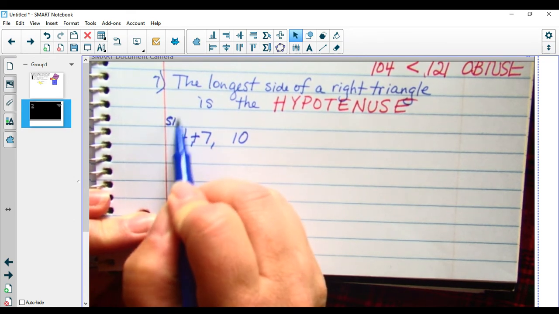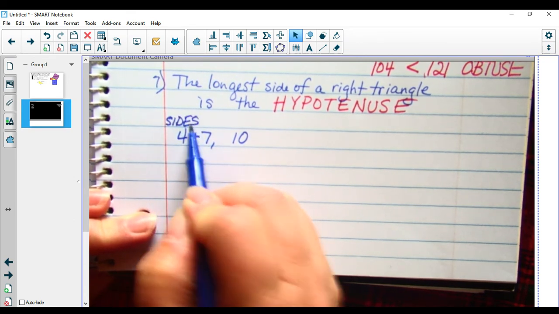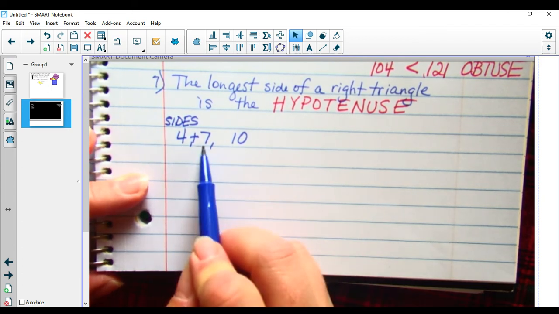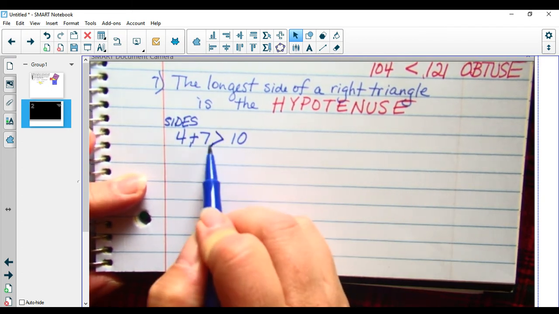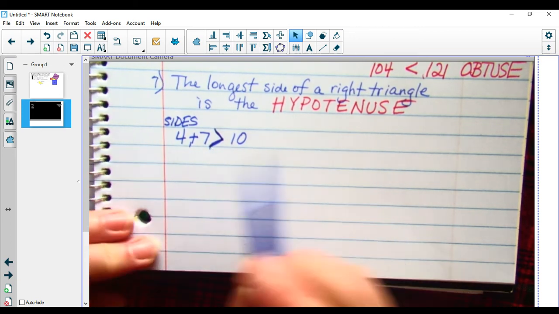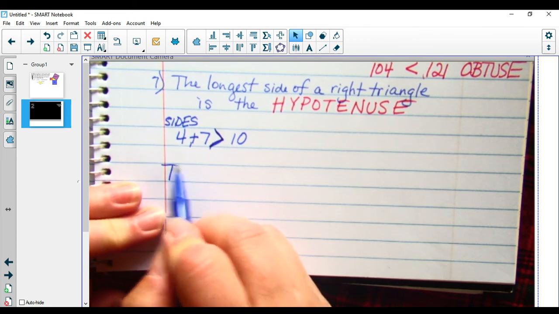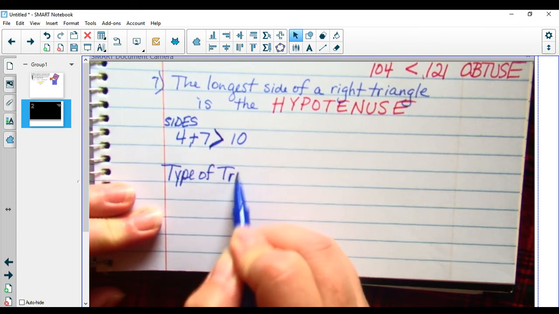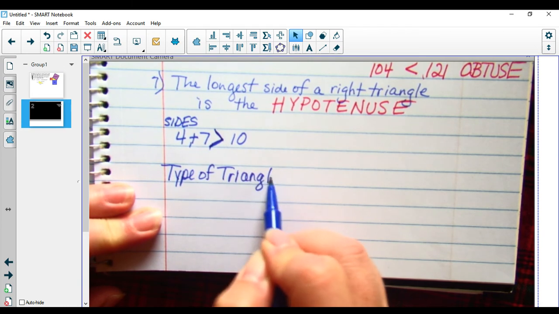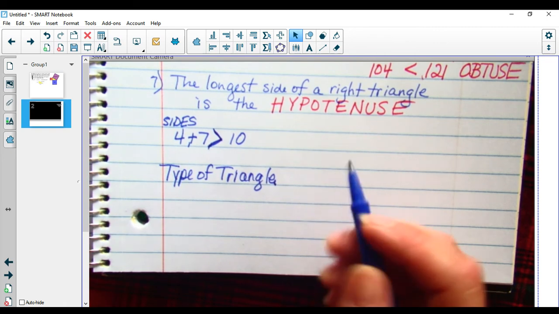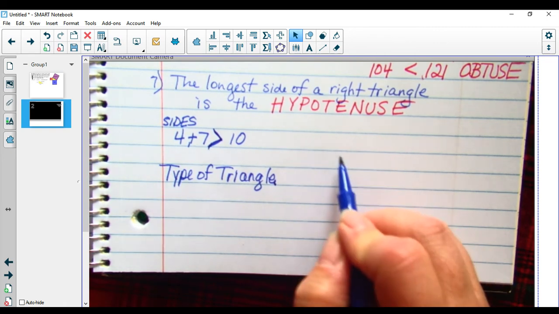So with our sides, we're just trying to decide, does it make a triangle? The 2 short sides added together need to be larger than your longest side. To decide the type of triangle, just like we did in these problems from last night, you need to square each one.